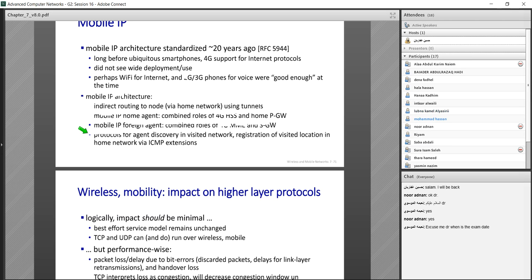So the mobile device sends its information to its home agent via ICMP messages. We need ICMP extensions.